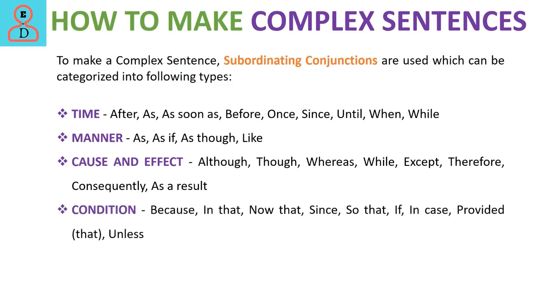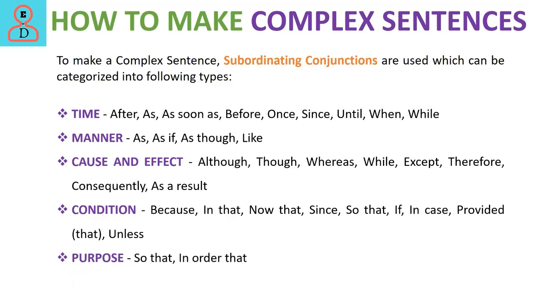Fourth is condition. In this, first a condition is put for the next part to happen. Note carefully the words which are used to put the condition. The next type is purpose.